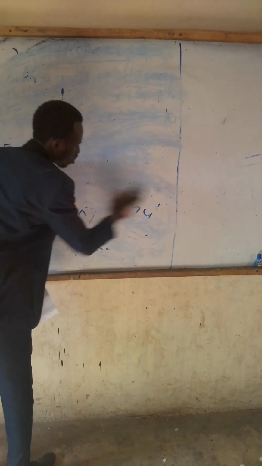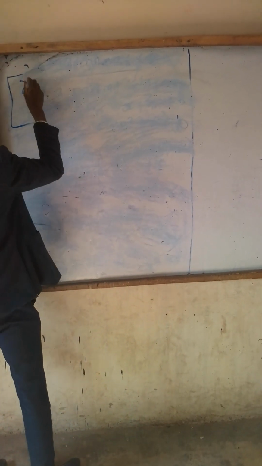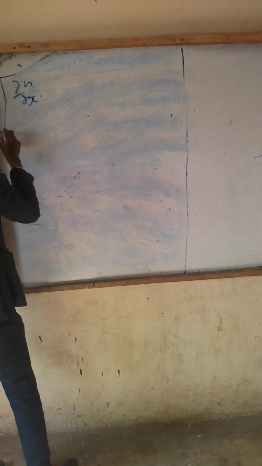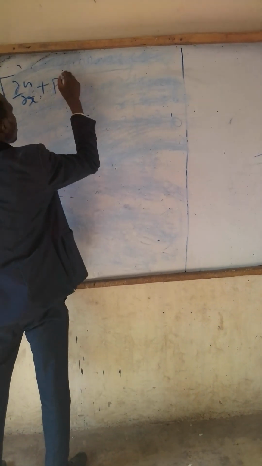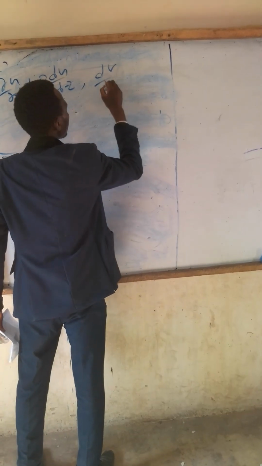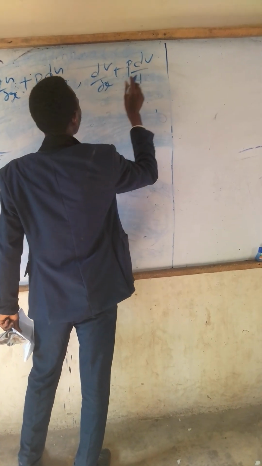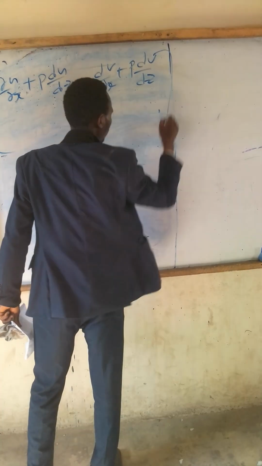Of course, if you remember carefully, the formula given was this. We have u·x plus p·u·z, comma, v·x plus p·v·z.